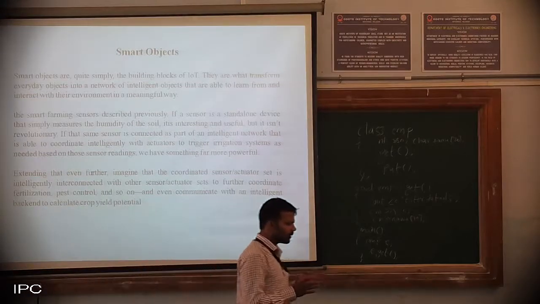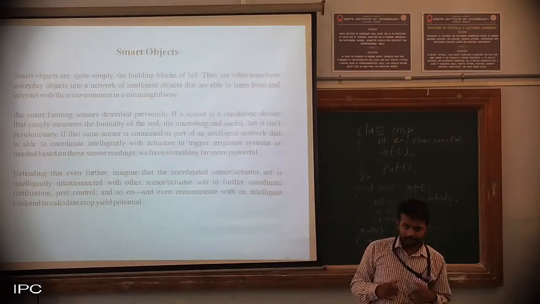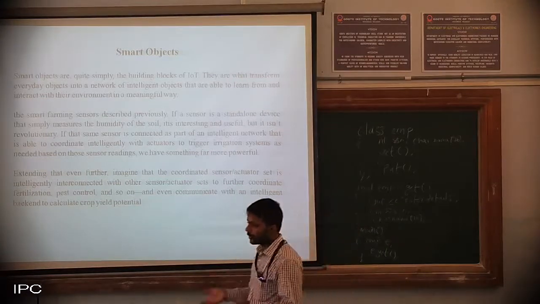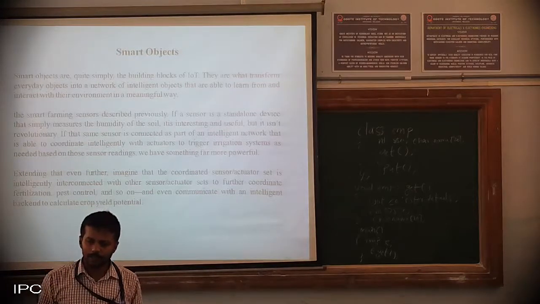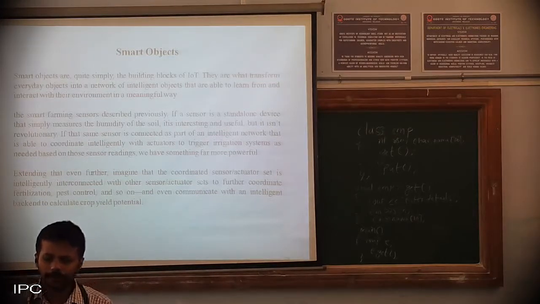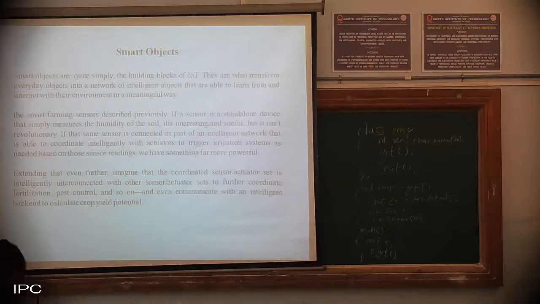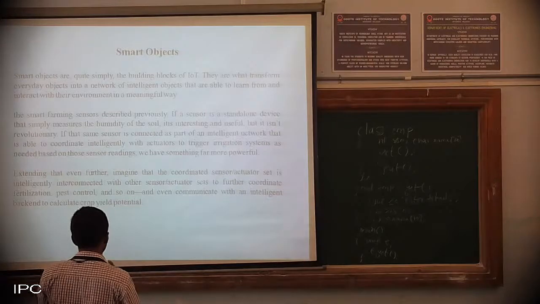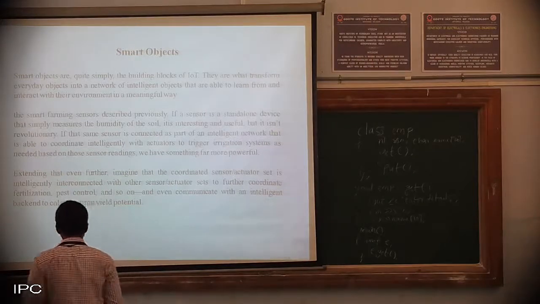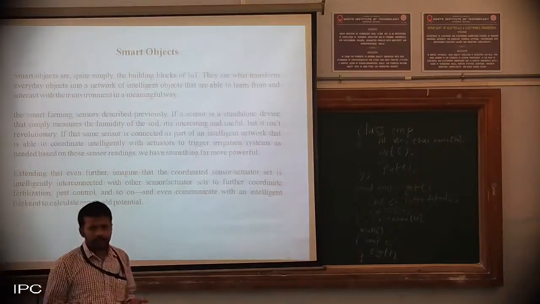If the humidity level is low, water is poured; otherwise we can turn off the valve. If it is a smart one and all this work happens, then we can call it a more powerful instrument.